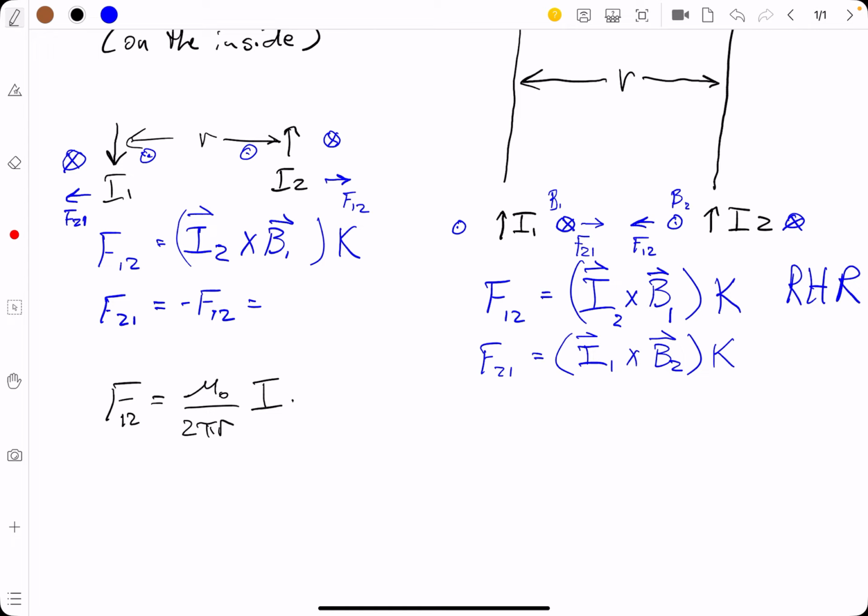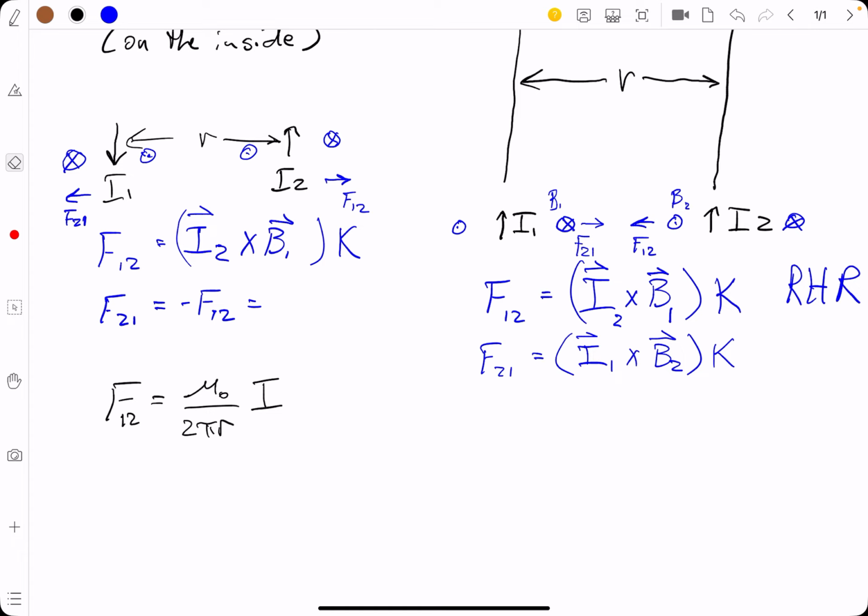So it's I1. It's not I1, it's I2. Sorry, I can't keep both these equations. I need both equations to be seen at the same time. Okay.